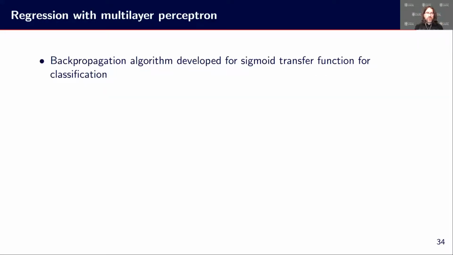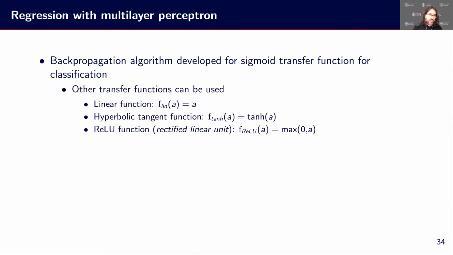Also, the backprop, as we developed it here, is developed for a sigmoid transfer function. So this is one case. In practice with deep neural networks, we are using different transfer functions like softmax and ReLU for the hidden layers. But also for regression, we can use different models.